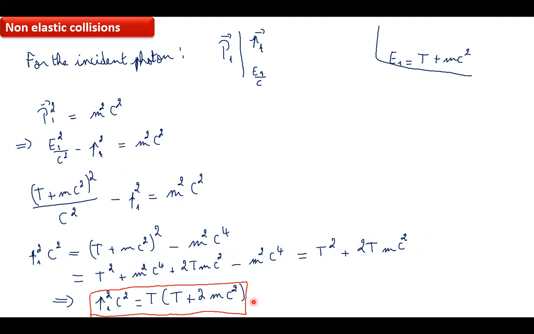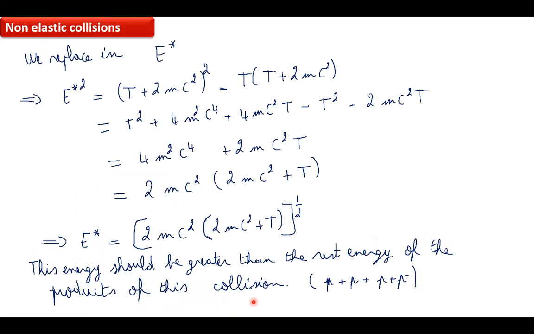We replace P squared c squared in the equation of E star. So E star squared is equal to (T plus 2mc squared) squared minus P1 squared c squared, which is T times (T plus 2mc squared).